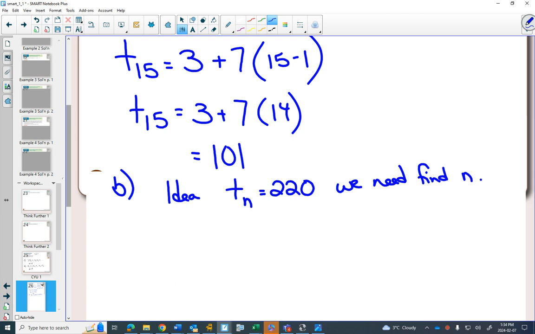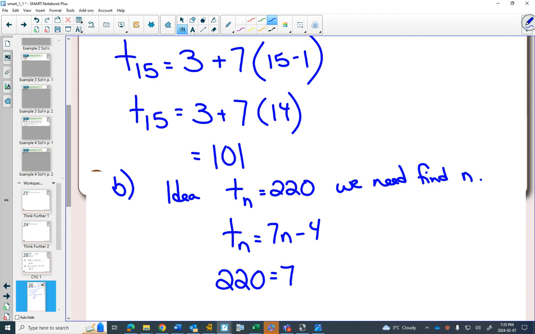So we can write 220 in for the general term, even though we don't know what n is. This is sometimes confusing for students because you're going to go to your formula, and this time I'm going to use the formula that's already simplified, 7n minus 4. And even though we don't know what n is, we know there is some term that is equal to 220.